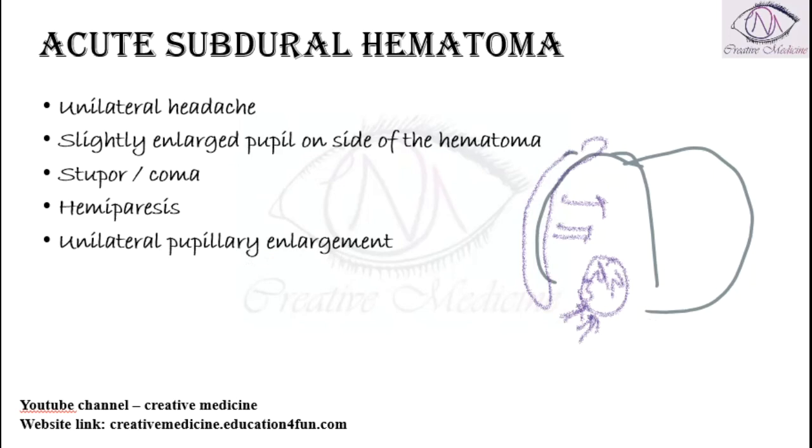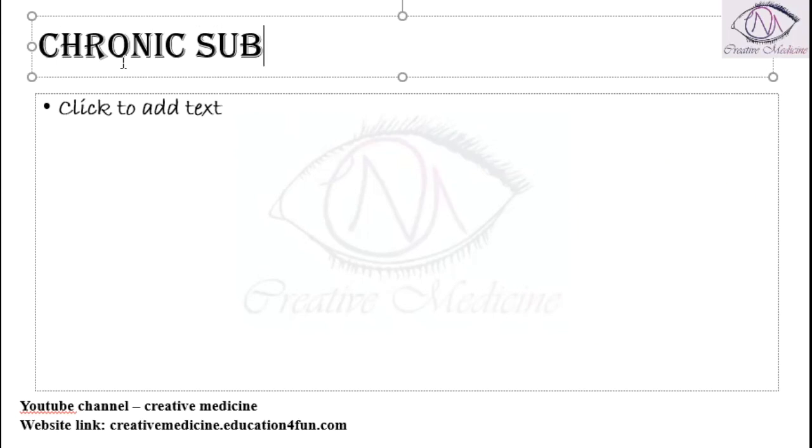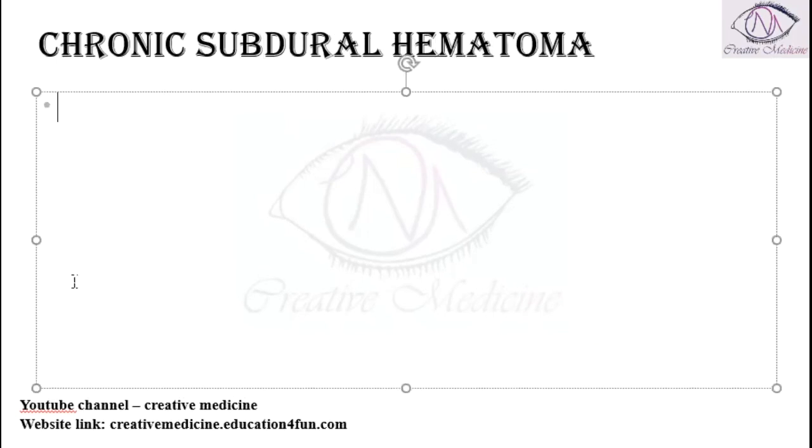Then we have chronic subdural hematoma. In chronic subdural hematoma, the patient presents with progressive hemiparesis, or may present with aphasia because of increased blood accumulation in the brain between the dura mater and subarachnoid matter.